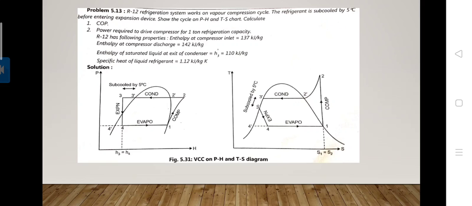That's why subcooling is desirable and is done to increase the refrigerating effect and coefficient of performance of the system. This process is shown in the figure: after condensation subcooling takes place, and in the TS diagram also you can see subcooling of 3-3' at 5 degrees centigrade.